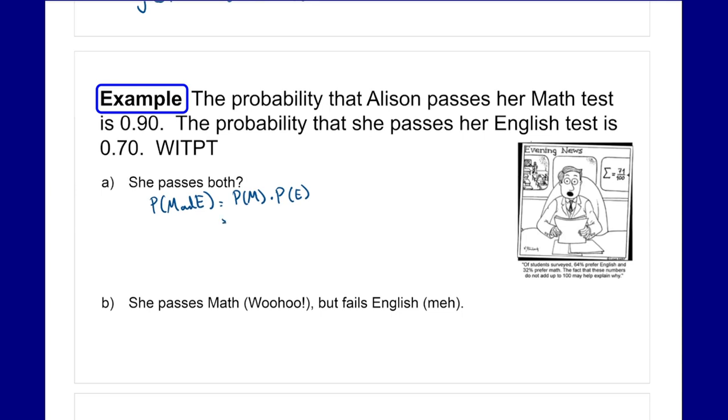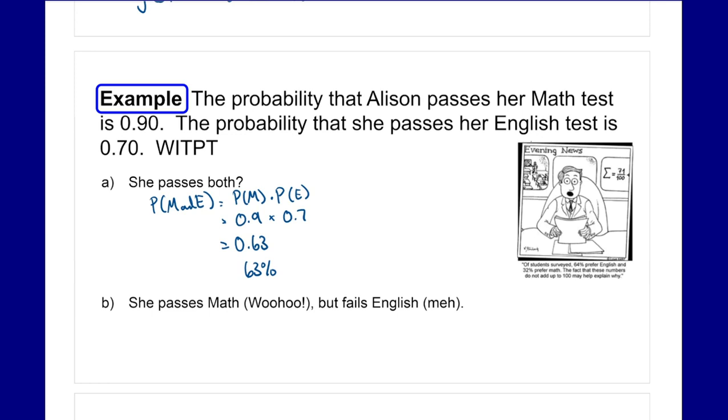Right, passing both means one and the other. So 0.9 multiplied by 0.7 equals 0.63 or 63%. So there's a 63% chance that she will pass both exams or both tests.